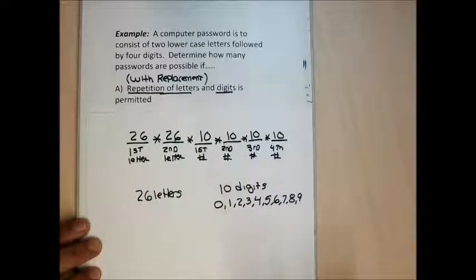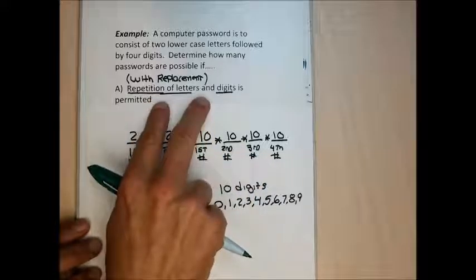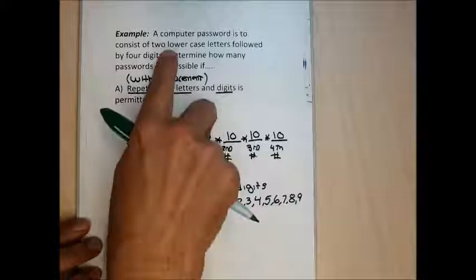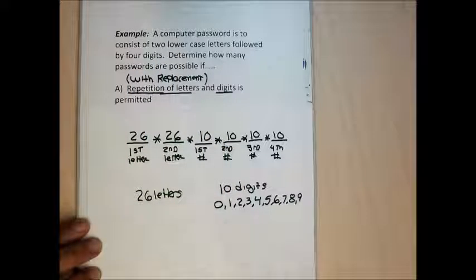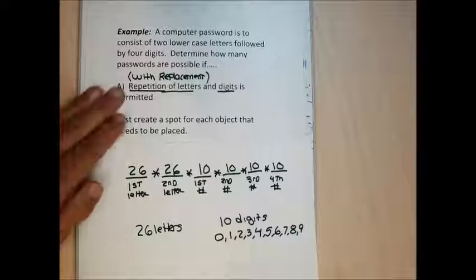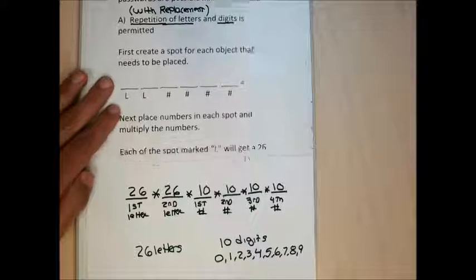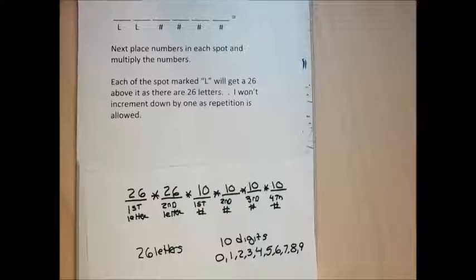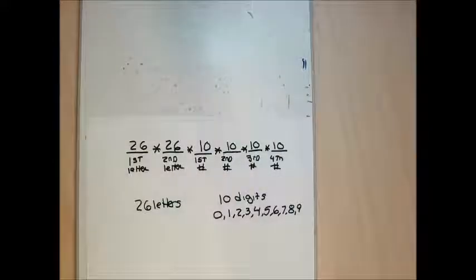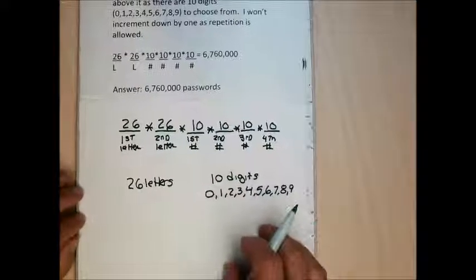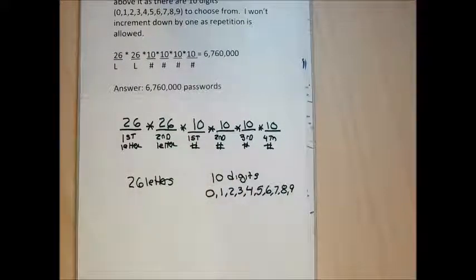This is the setup to figure out how many passwords are possible having 2 lowercase letters followed by 4 digits. I just have to multiply those numbers together to get the number of passwords.